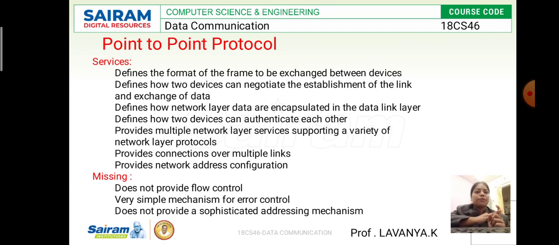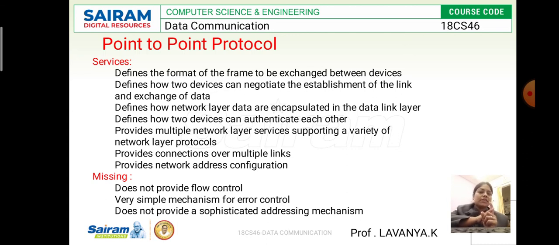The second one is framing. We use framing for the data link layer. Everybody knows that framing is dividing the given data into manageable units; that is what we call framing.